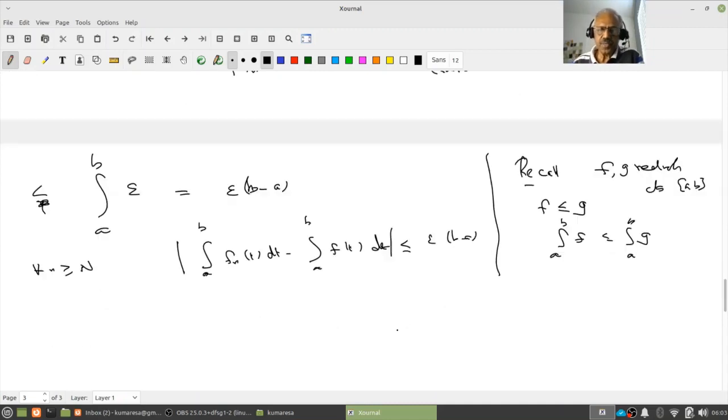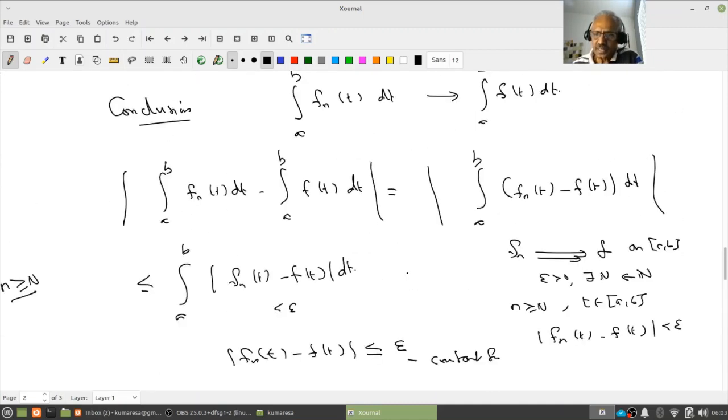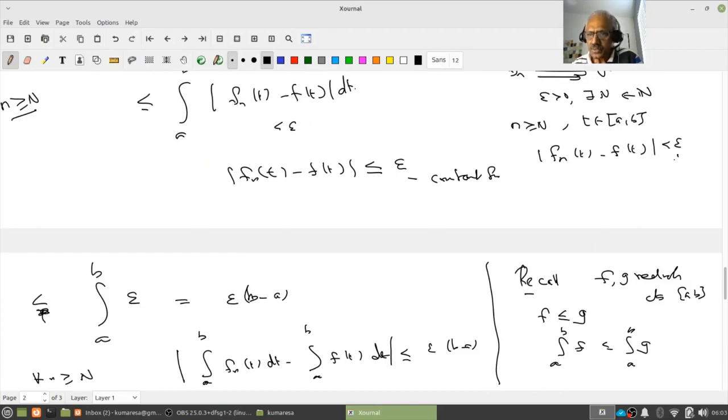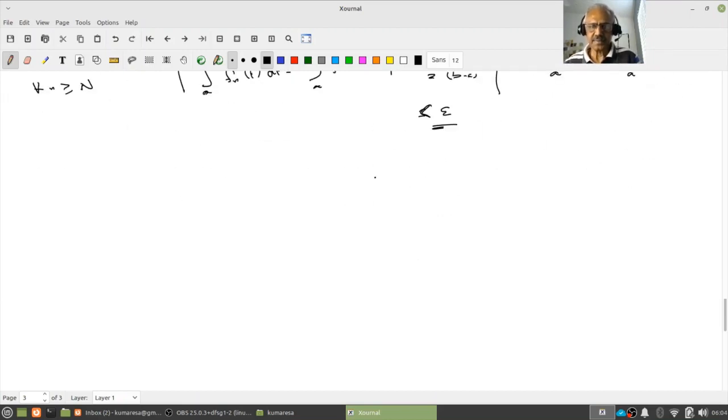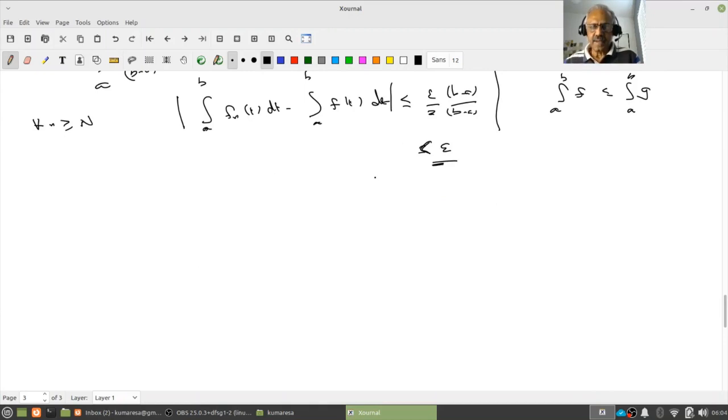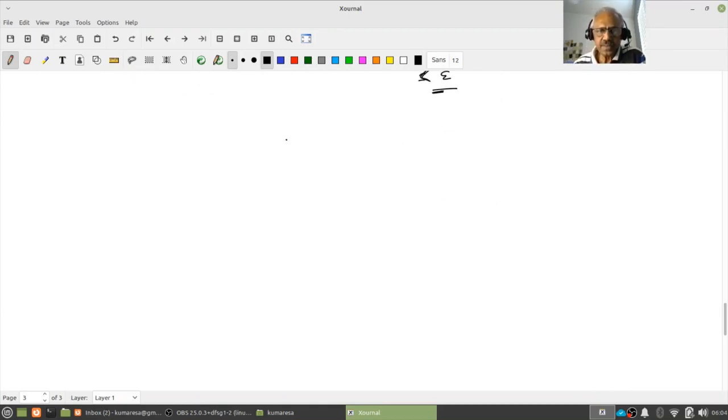If you want strict, you could have chosen epsilon over 2(b minus a) instead, and then that will be strictly less than epsilon. So I got it. So pause, review, proceed.